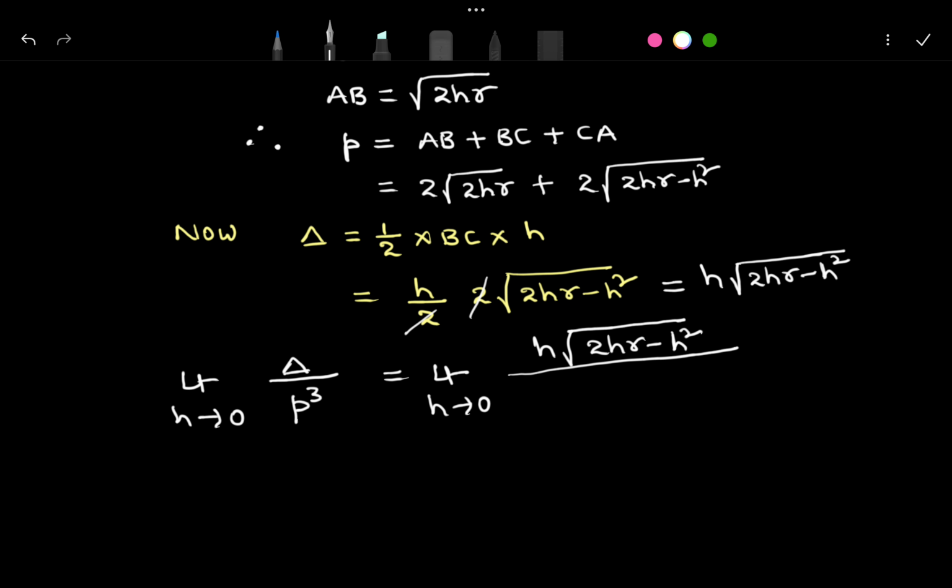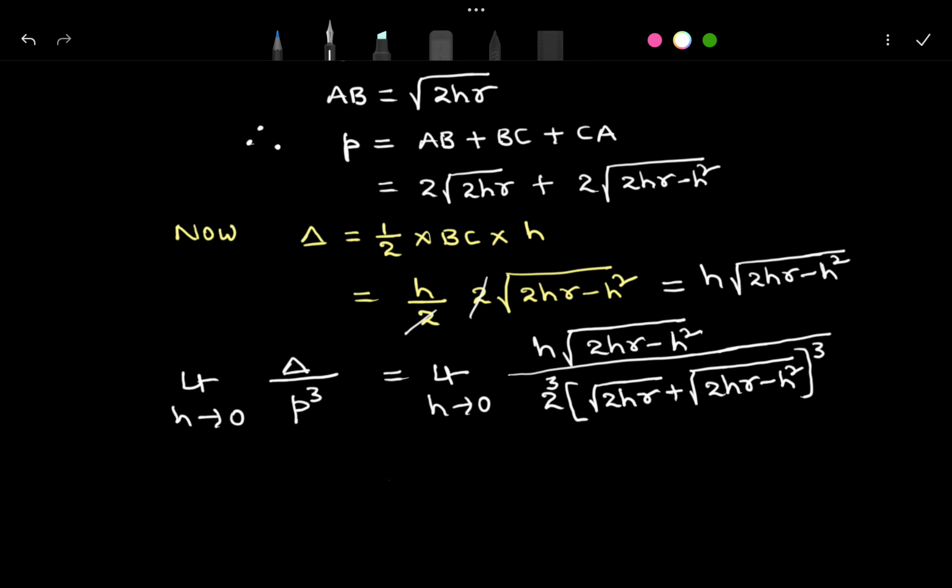What is the perimeter value? 2 into square root of 2h r plus square root of 2h r minus h square, so whole to the power of 3. So this is the value. This one will be 2 power 3.